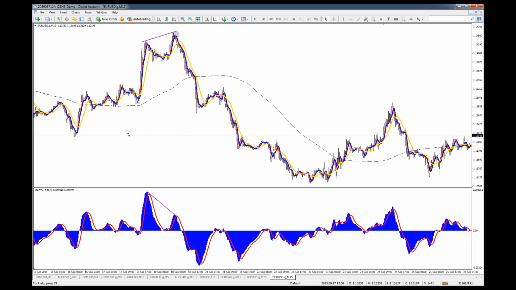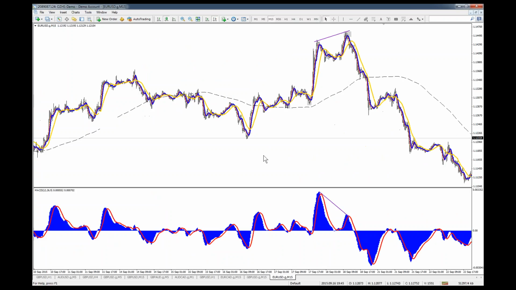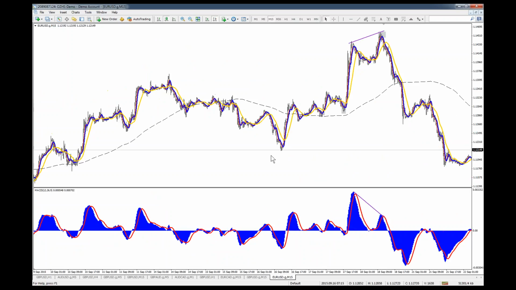'Cause that's a lot of pips, and I'm just letting it go by. So then I started looking for something that would give me a few of these, not every one, but enough of them that I could catch quite a few. And divergences worked out quite well. Let me just look for another one.